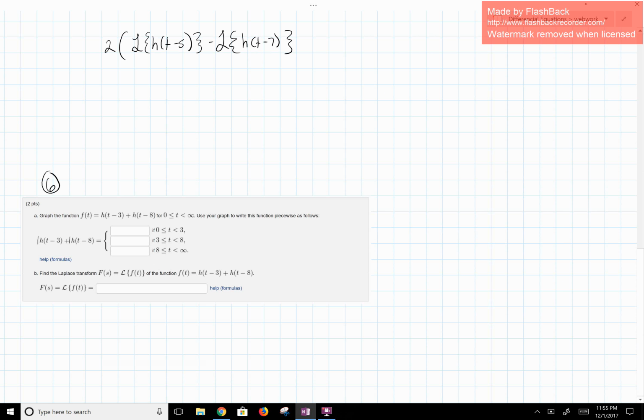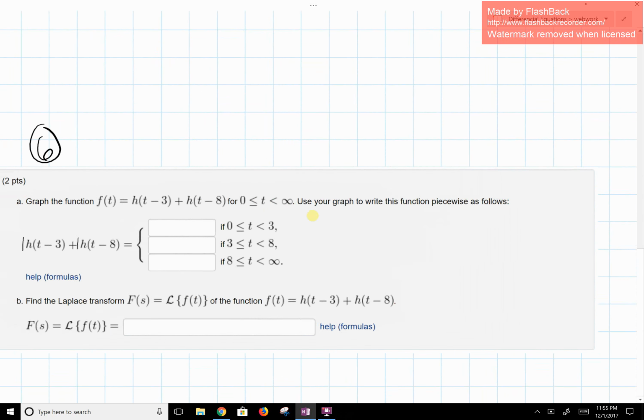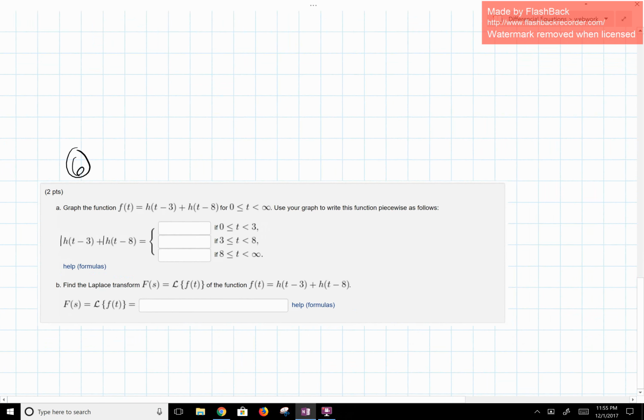Below we have problem 6, which I said is the opposite of problem 5 in what we're doing. What we're going to try and find here is the numbers that are going in for the piecewise function. We notice that there's nothing in front of this h, so we can assume that it's 0.